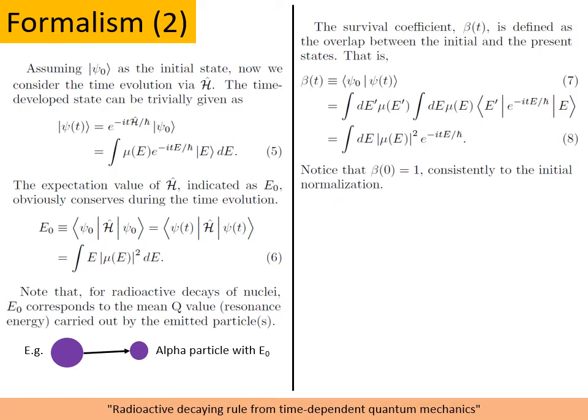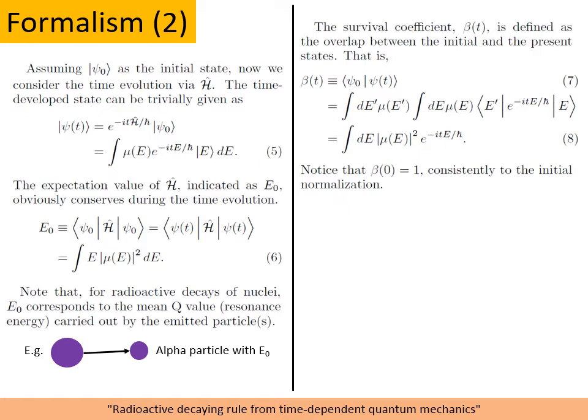Next, it is convenient to define this survival coefficient β(t), and that is nothing but the overlap of the initial and current states, given as equation 7. And by using the assumption that ψ0 and ψt are both expanded within the basis of the eigenstates, indeed β(t) can be given as the Fourier transformation of the energy spectrum μ(E).